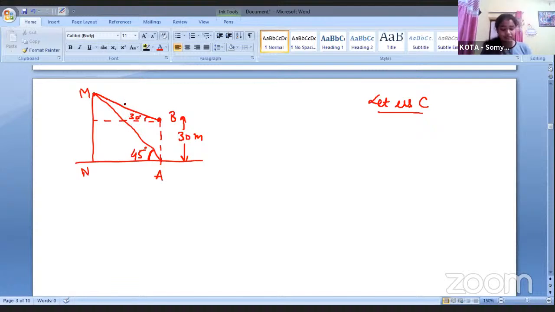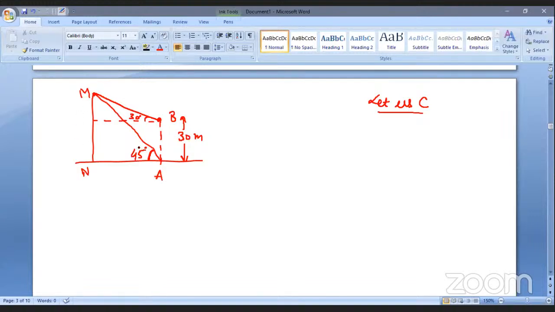So first of all, a tower was there, a horizontal plane was there, a point was there. The top of the tower is making an angle of 45 degrees with this point A. After this, a point B is there, which is 30 meters vertically above this point A. And from this point B, the top of the tower is making an angle of elevation of 30 degrees. So till here, is it clear to everybody?